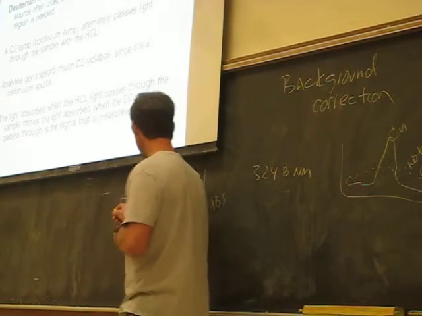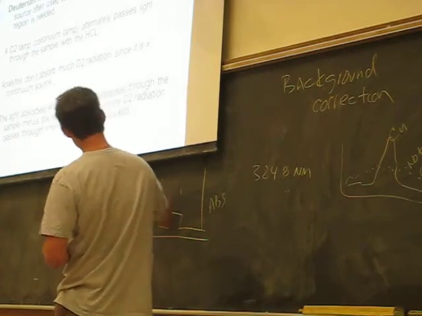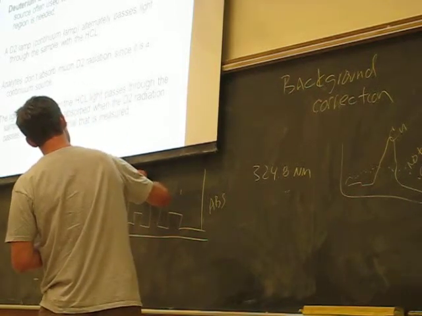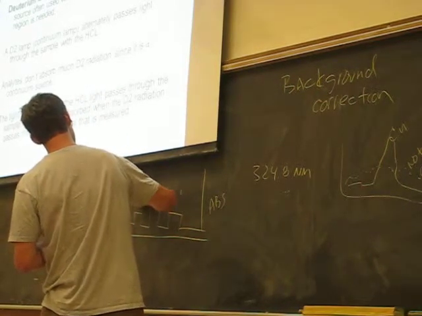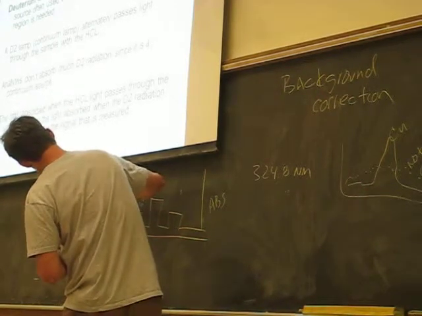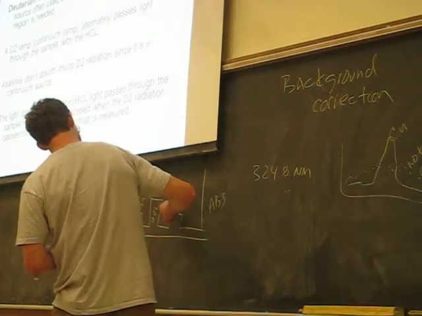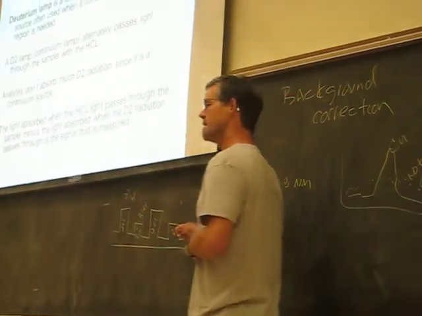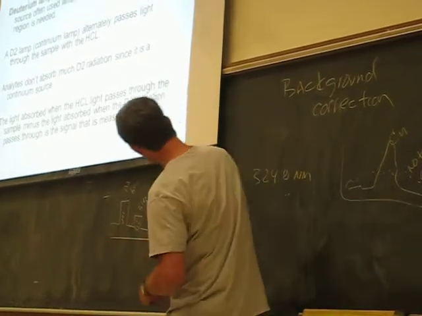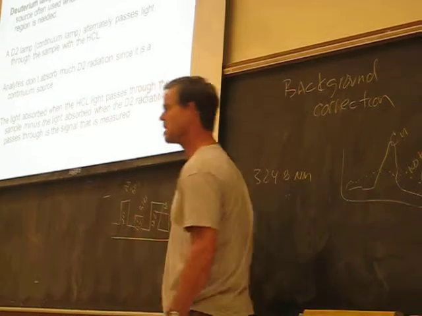In one case, it's going to read the atomic absorbance plus the background. In the other case, it's only going to measure the background. So this is with the hollow cathode lamp, and this is with the D2. It measures those alternating, and the difference between the two is what's due to your atomic absorption.